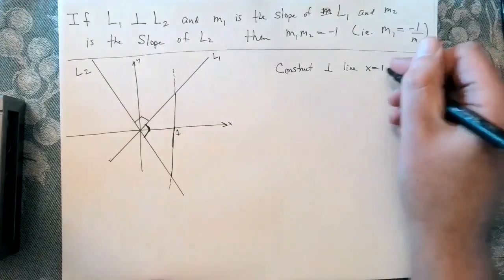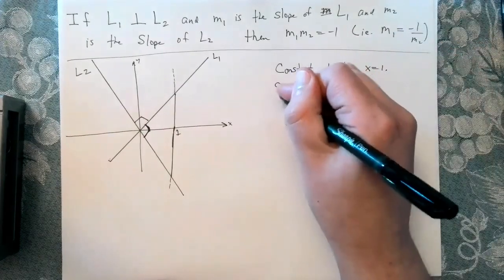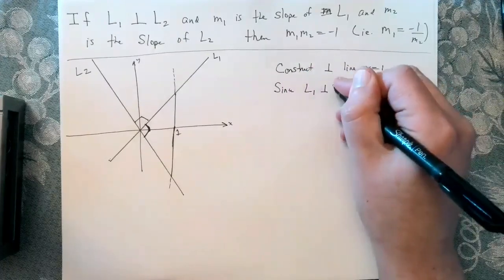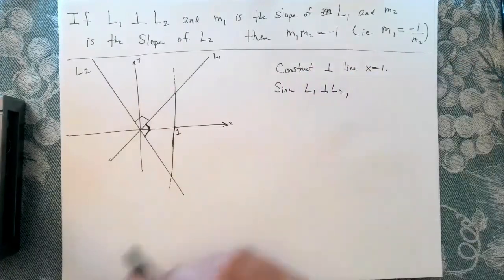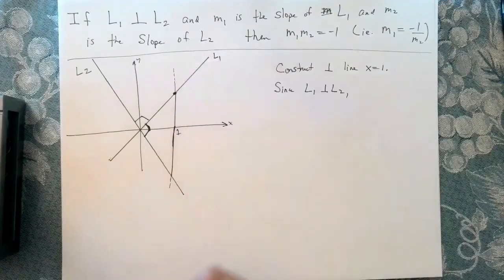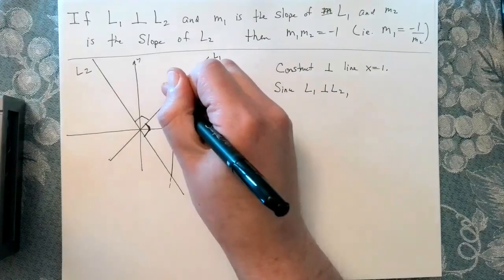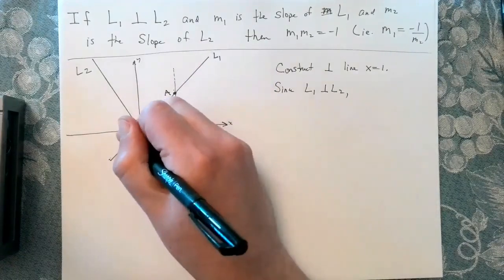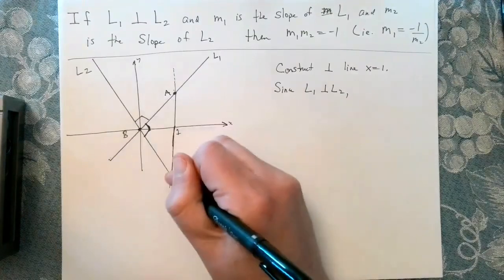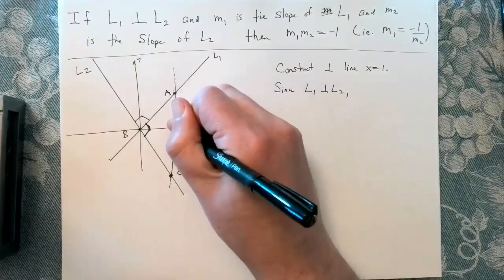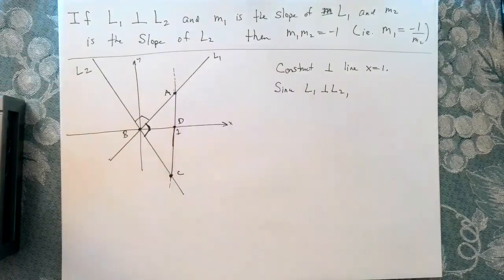So I'm going to say, well, since L1 is perpendicular to L2, we must have, maybe we should label some points as well before we go any further. We want to be able to reference things. Let's call that A. Let's call this B. Let's call this intersection point C. Let's call this D, just for reference.